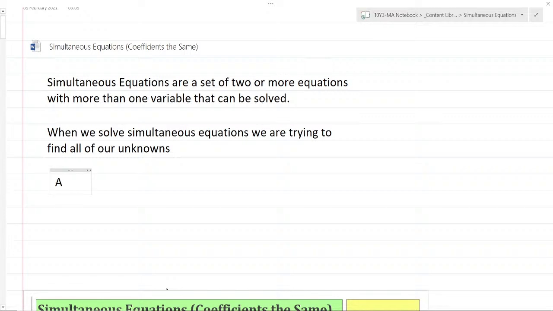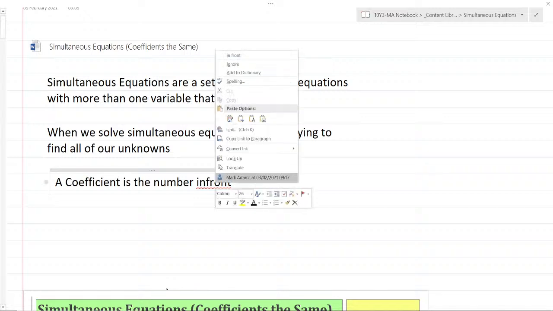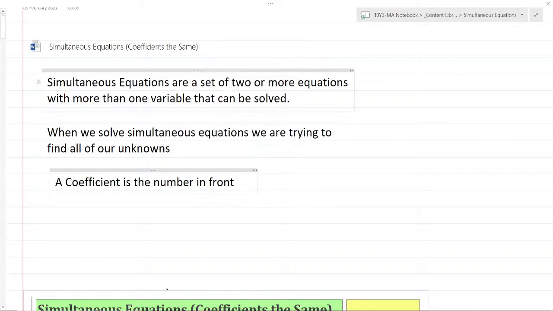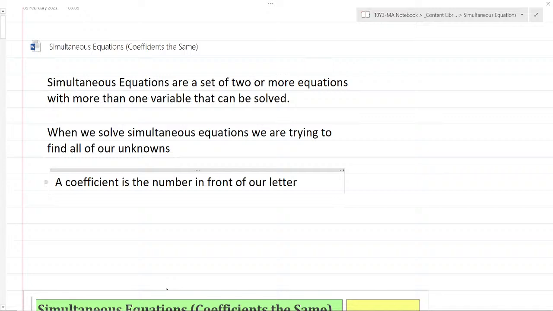I'm always going to spell this wrong. A coefficient is the number in front of our letter. That's what a coefficient is.